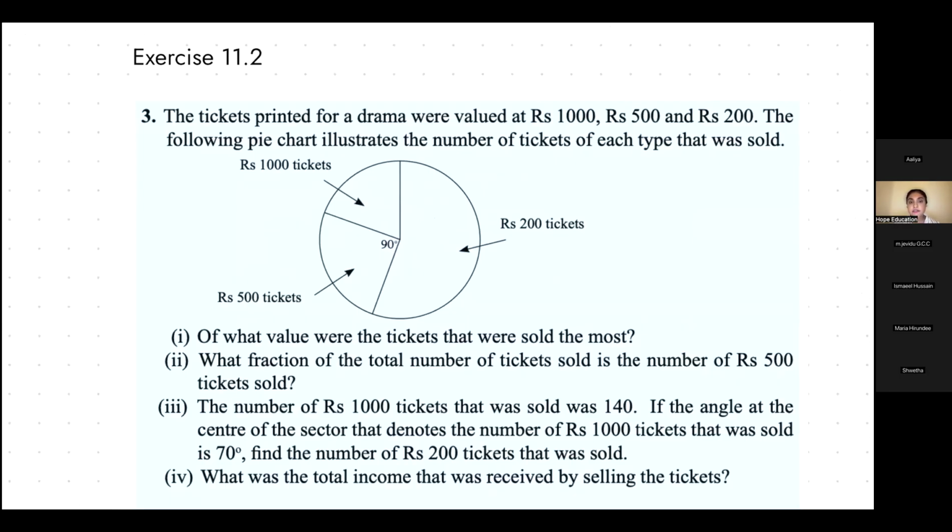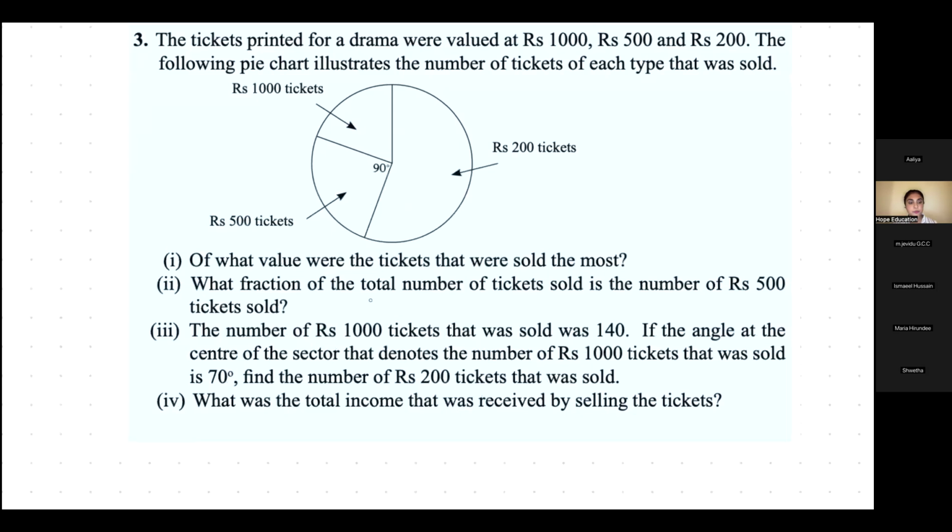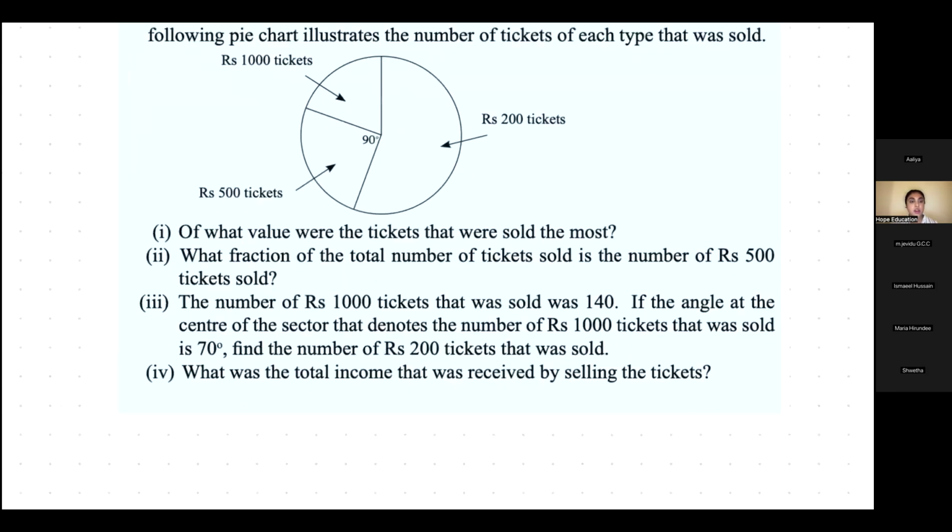1,000 rupee tickets, they have not really given the angle. 500 tickets, the angle is 90 degrees. 200 tickets, again, we don't know the angle. First question: of what value were the tickets that were sold the most? What do you think?